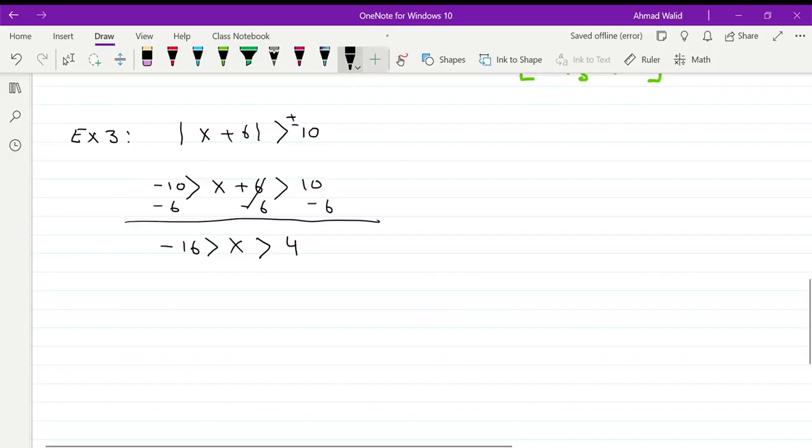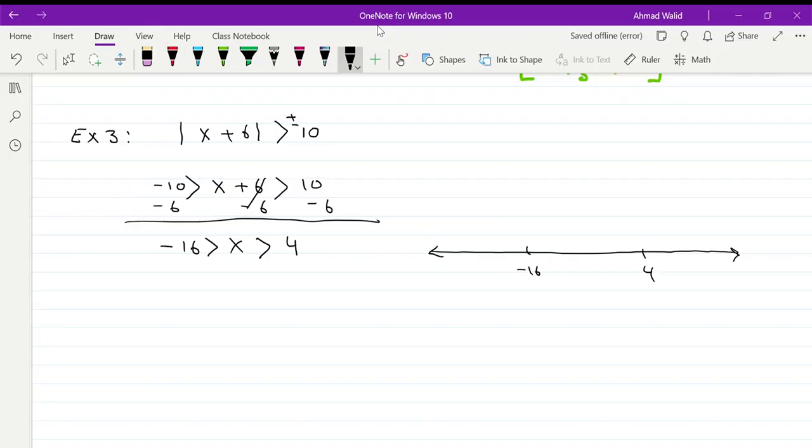Let's graph it on the number line. Here is your 4. Mark here negative 16. Graph the first one, x greater than 4. I'm reading this part, right?